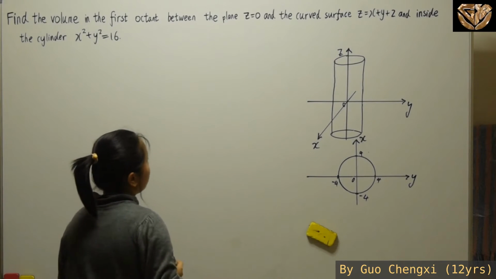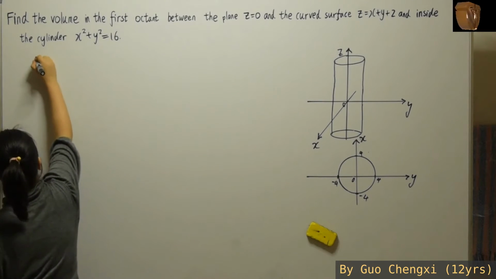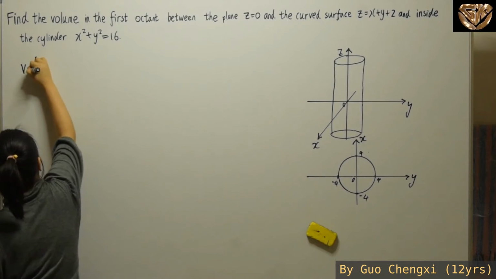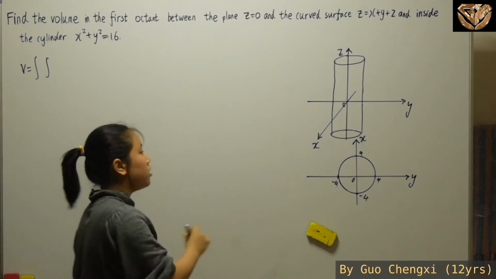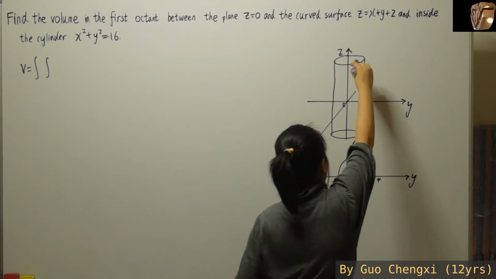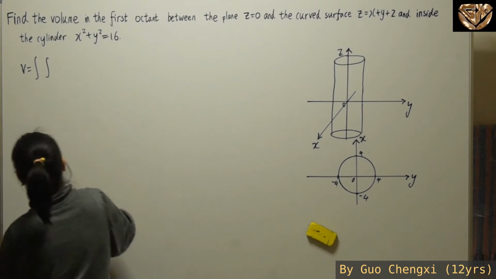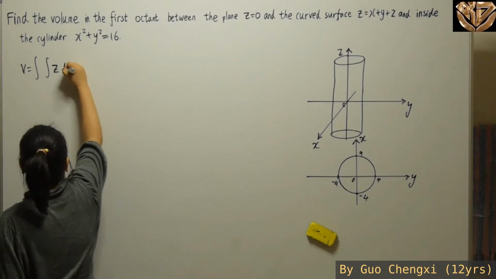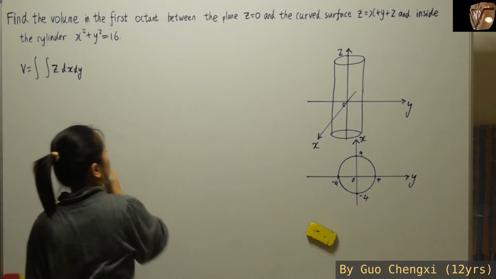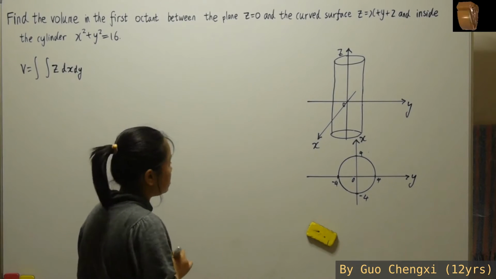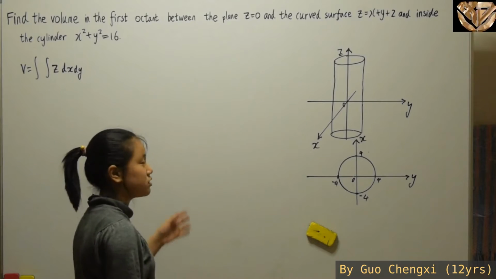So for this part, what can we tell? The volume is basically the integral of z dx dy. And then what's our range? We can choose to integrate with respect to x first or y first.